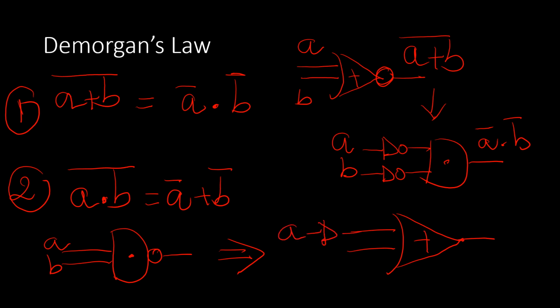So first I need to invert the input A, I need to invert the input B, then they are ORed together, and I will have here A complement ORed with B complement. This is De Morgan's law. You need to practice solving more examples in order to master this law.